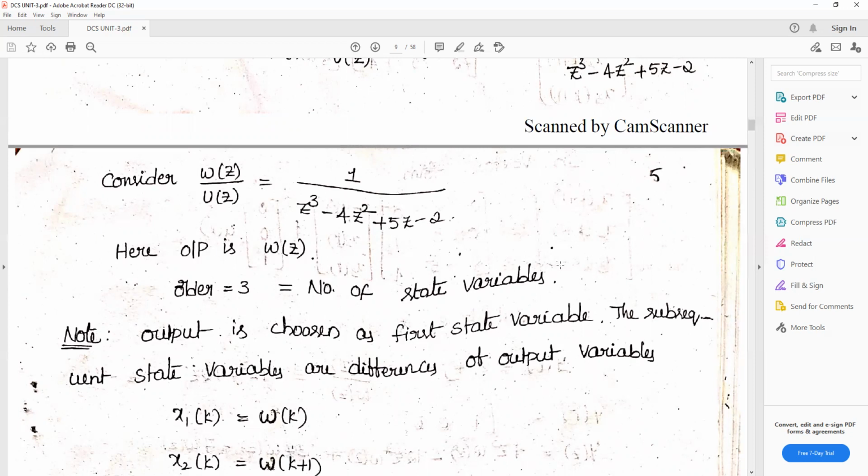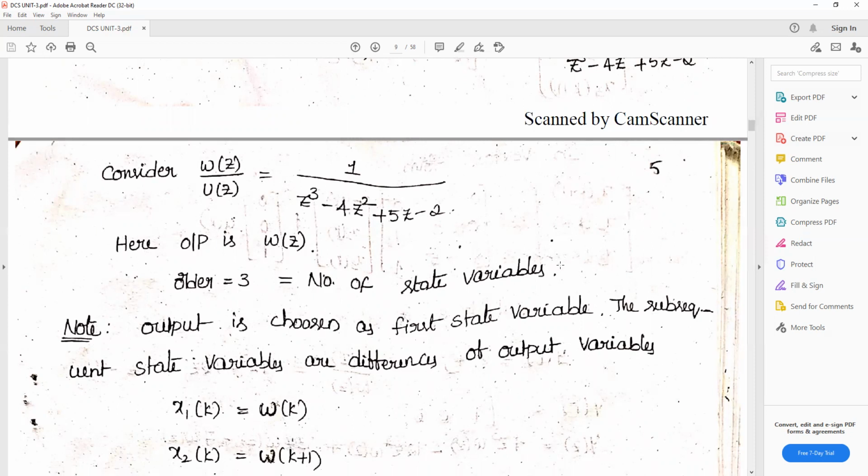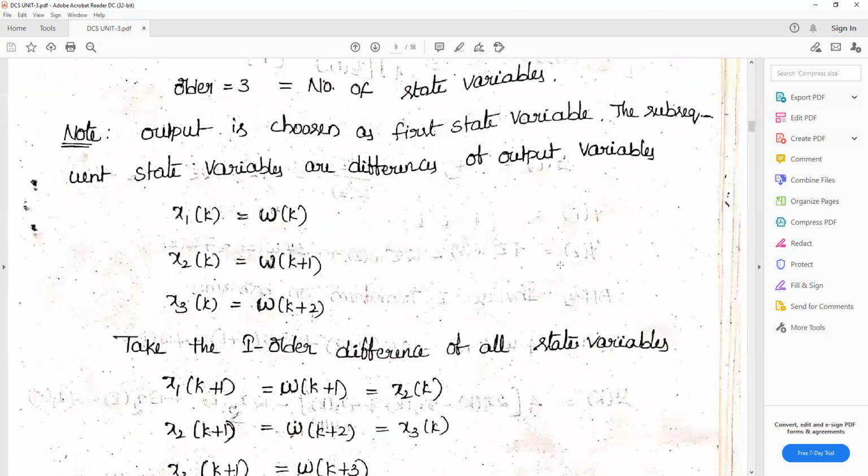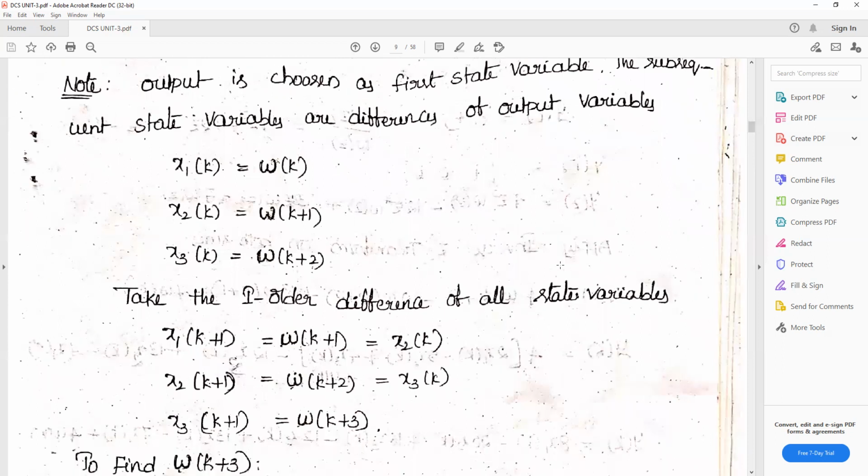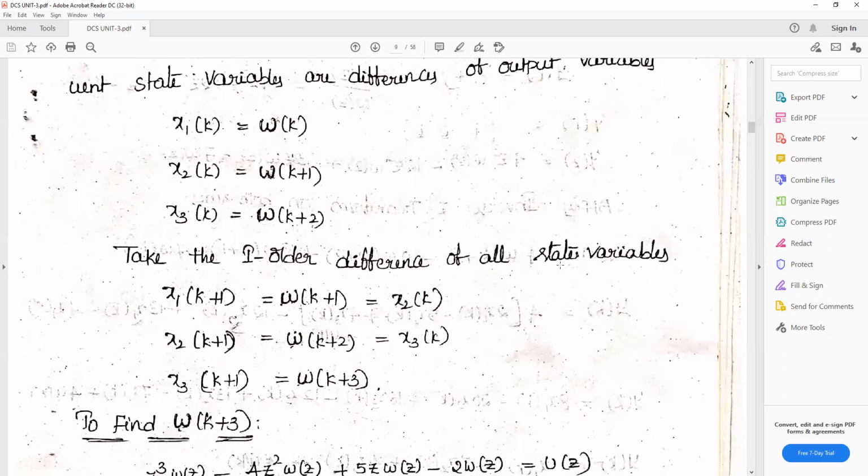Here the output is omega of z. The order of the system is 3, so the number of state variables is 3. So x1 of k is omega of k, x2 of k is omega of k plus 1, and x3 of k is omega of k plus 2.